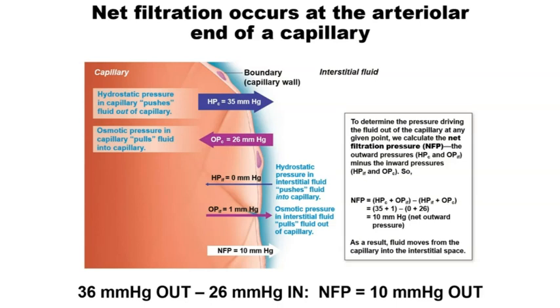If we subtract the 26 millimeters of mercury, which is the osmotic pull of the fluid back into the capillary bed, that leaves us with a net filtration pressure, or NFP, of positive 10 millimeters of mercury. This positive indicates that the movement of the fluid is out of the capillary and into the tissue fluid.